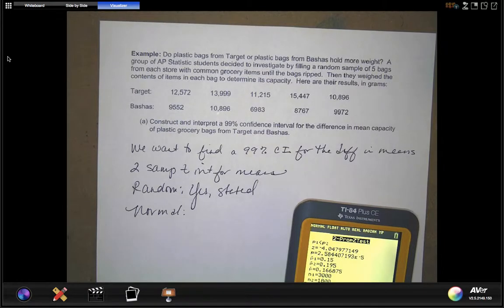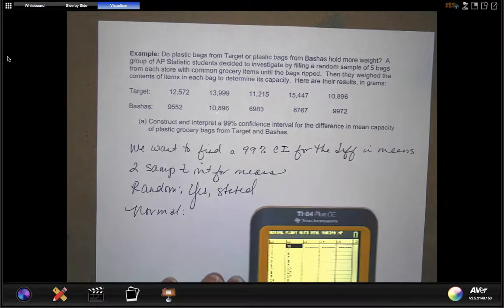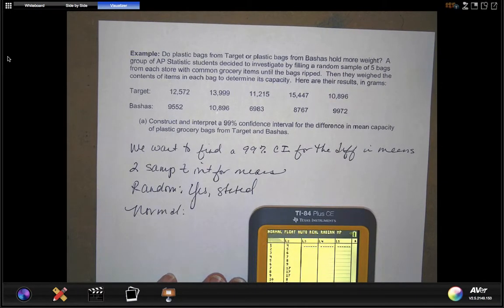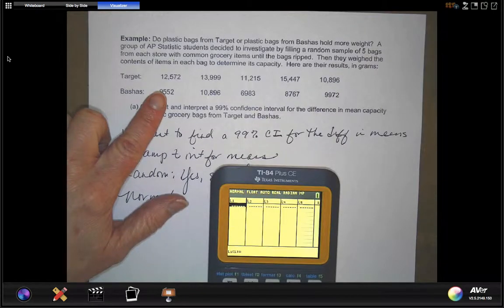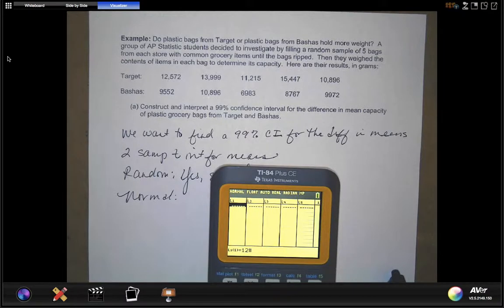It doesn't say anything about the populations being normal. So I'm going to have to look at the graph here. I'm going to type these into two separate lists. Unlike the matched pair procedure, I'm going to treat these as two separate lists, so I'm actually going to have two separate graphs.